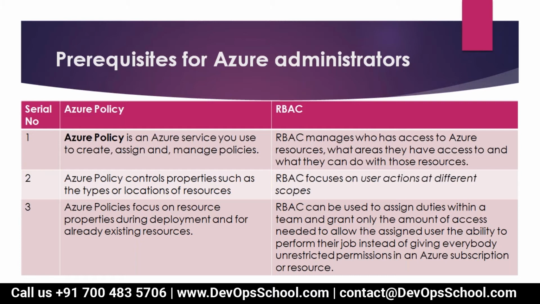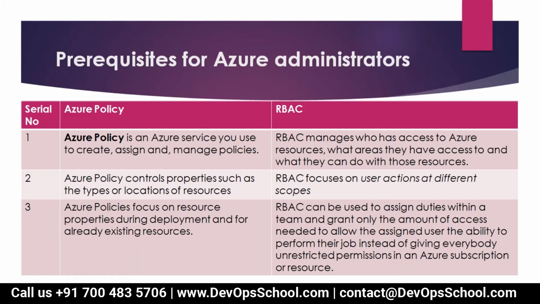Basically, RBAC is role-based access control. So according to your role you perform your action or activity. RBAC focuses on user actions at different scopes. Different scope means what? If you are an admin, what is your scope? If you are a tester, what is your scope? If you are a developer, what is your scope? This is RBAC.